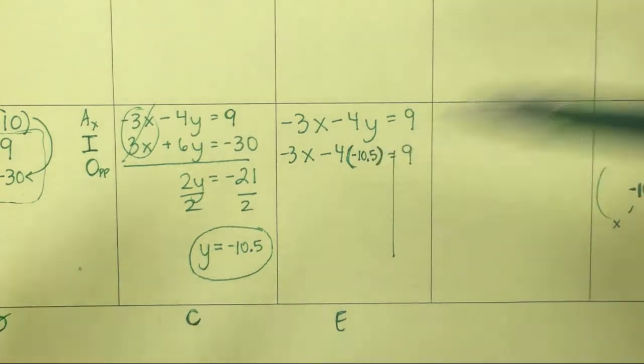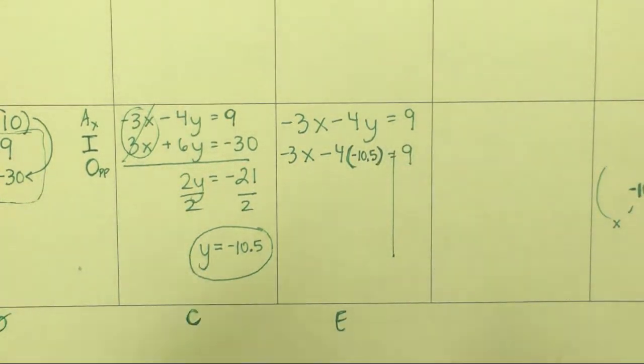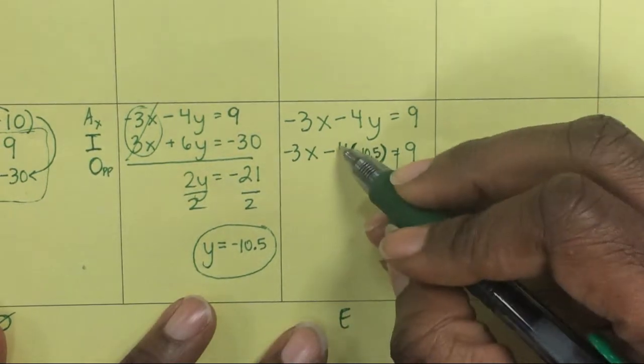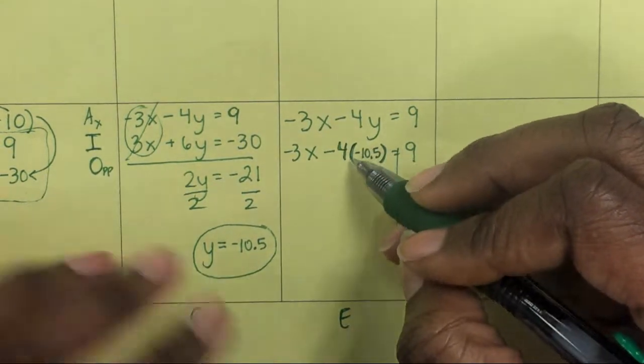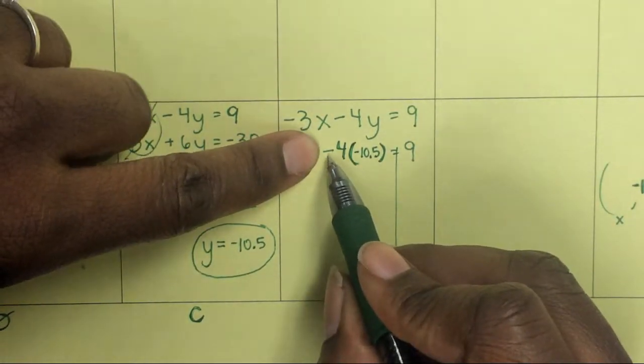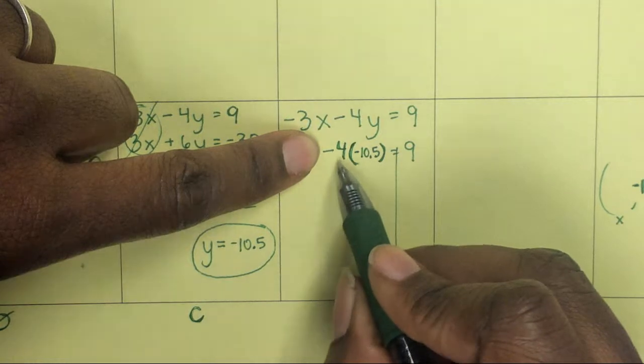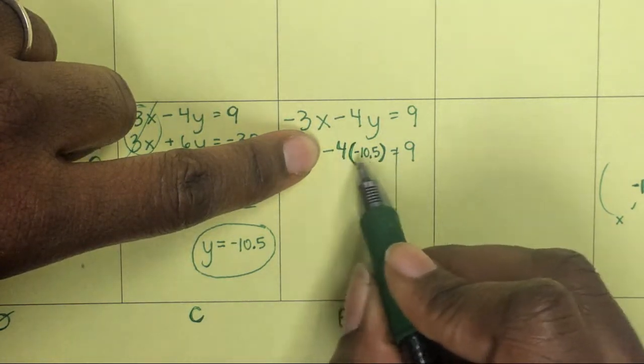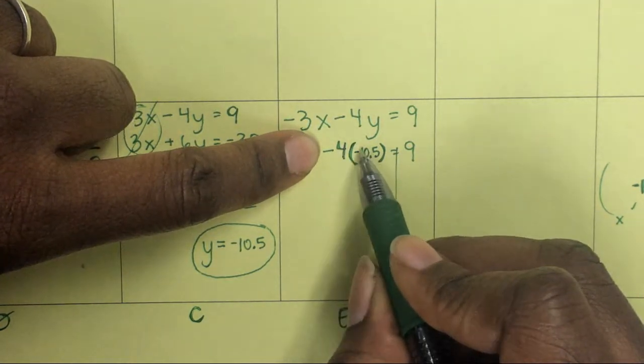Once you see parentheses, you have to figure out, do I need to multiply or not? In this case, it does look like we need to multiply because we have a number that's directly sitting next to the parentheses. So when you multiply, be careful because this is a negative 4 times negative 10.5. Okay? This is a negative times a negative.